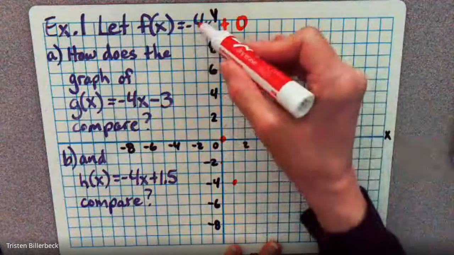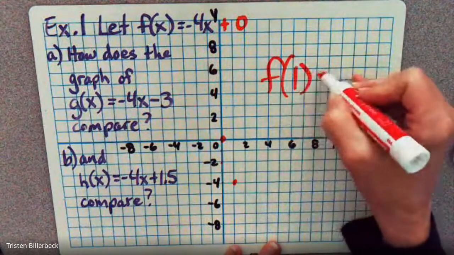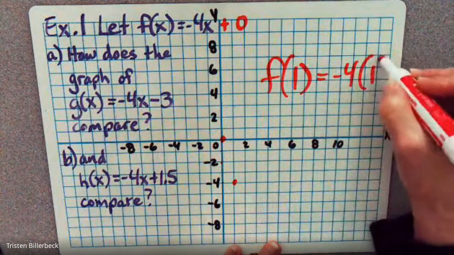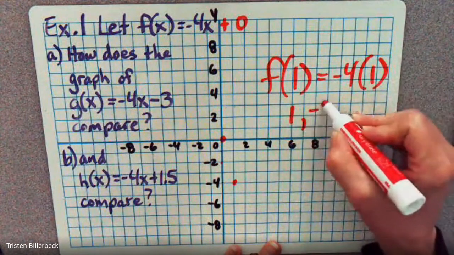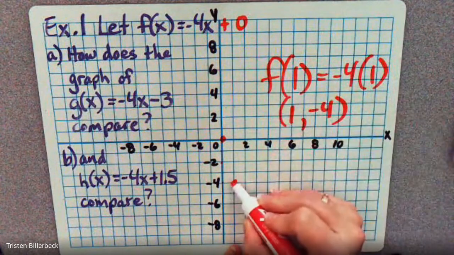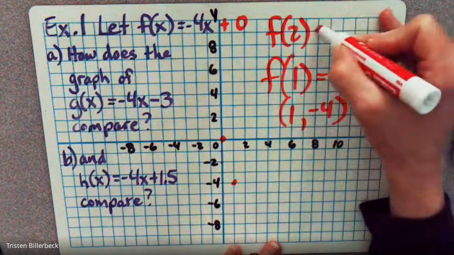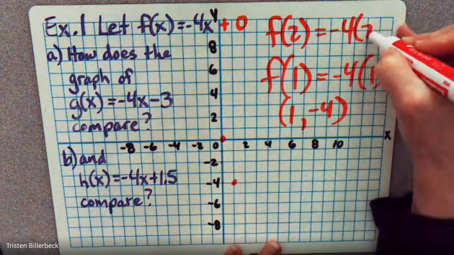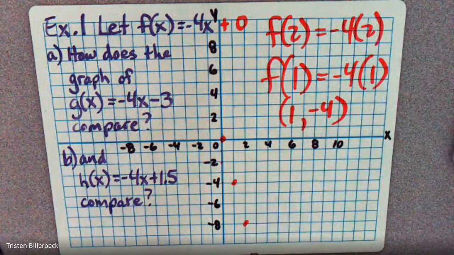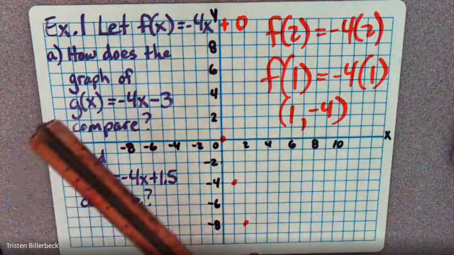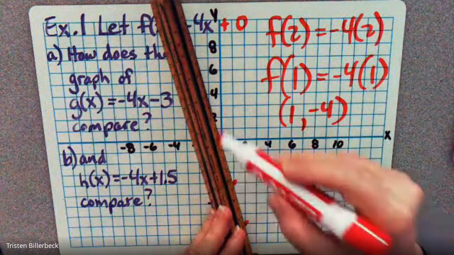We could have also put f of 1 equals negative 4 times 1, so for 1 our output will be negative 4, which is this point. If we do f of 2, we have negative 4 times 2, which gives us negative 8. We can see we have a pattern going on here, and all points are matching up on the line, so let's draw the line.